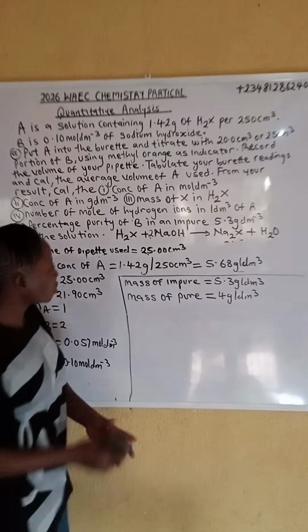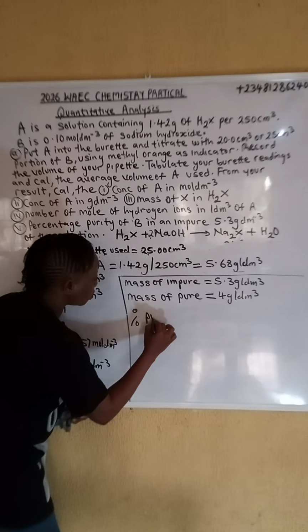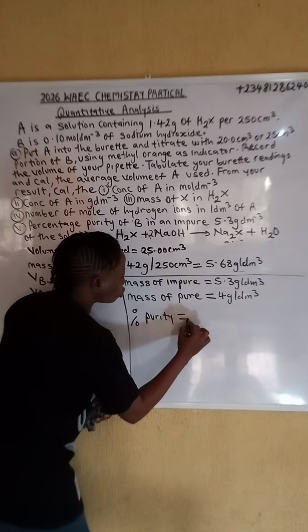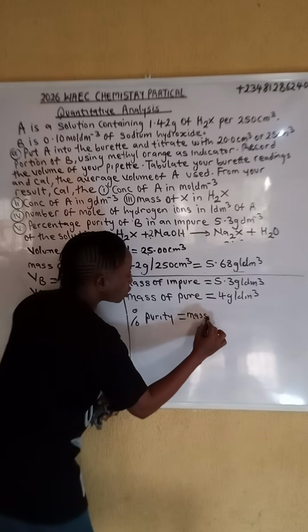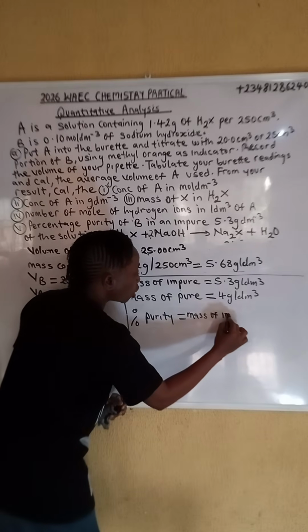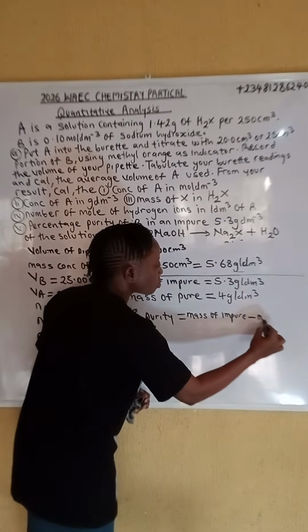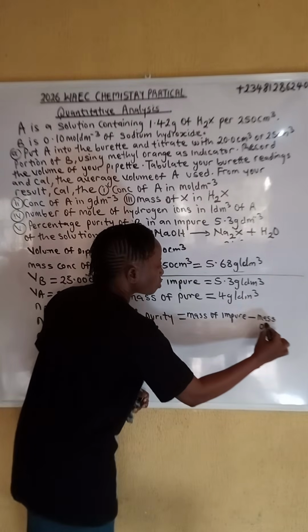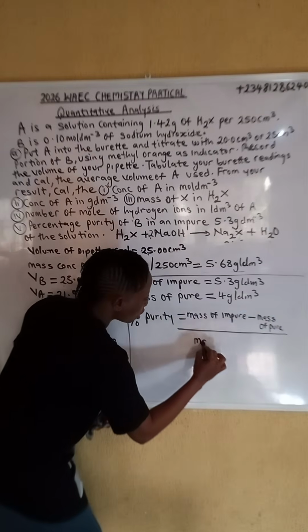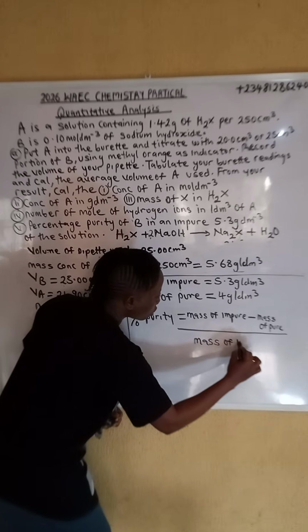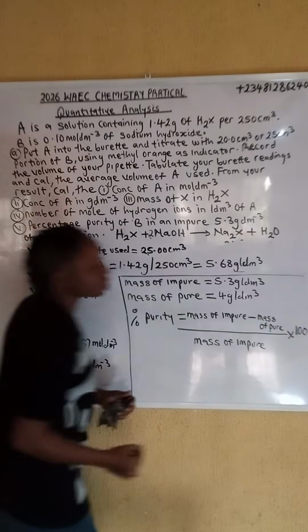Now let's proceed. Percentage purity equals mass of impure minus mass of pure, divided by mass of impure, then multiplied by 100.